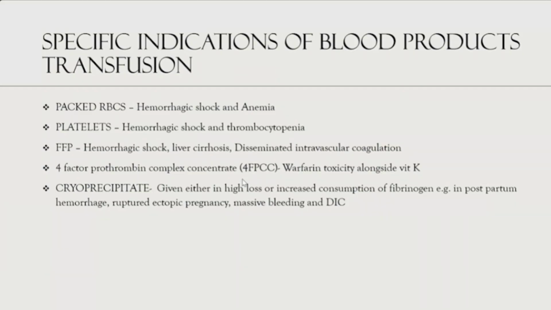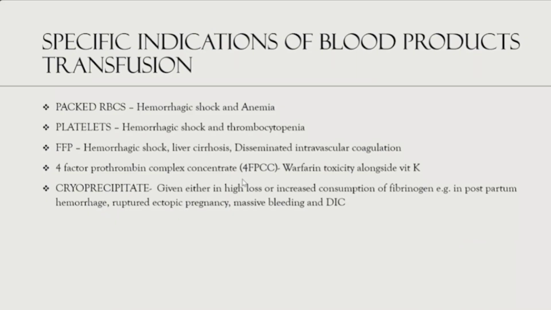So packed red blood cells, we usually give them in hemorrhagic shock. But in hemorrhagic shock, we don't only give packed red blood cells. We can give red blood cells, we can also give platelets, we can also give fresh frozen plasma.